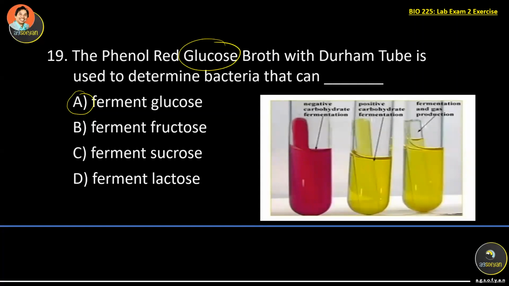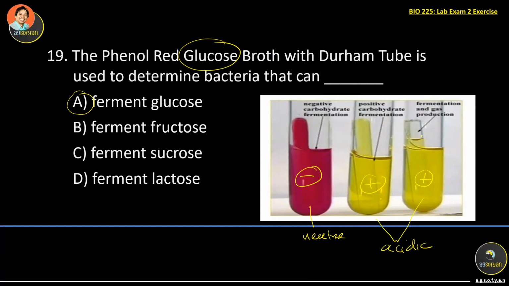If the test is negative, then the color stays the same. If it's positive, then the color will be yellow because it becomes acidic. This one is neutral. So when the bacteria are able to ferment the glucose, the color will change from red to yellow, from neutral into acidic.